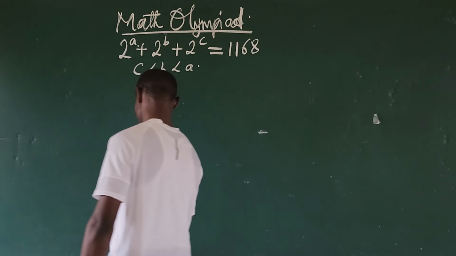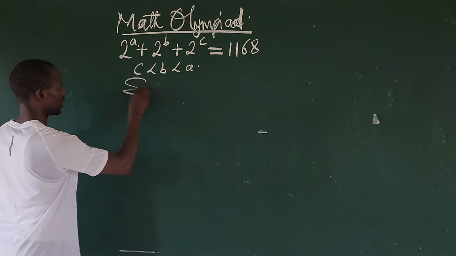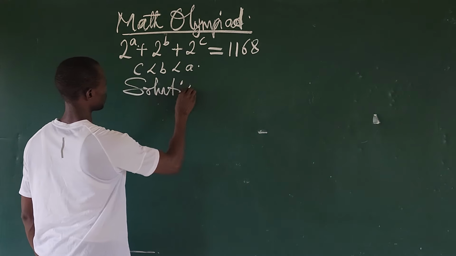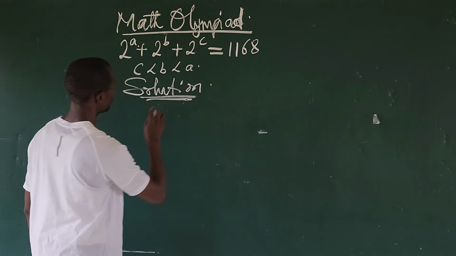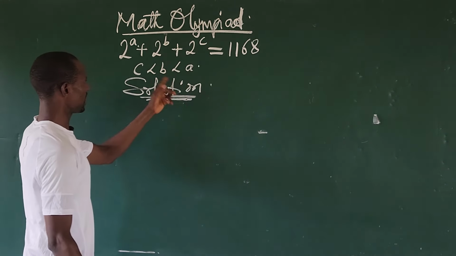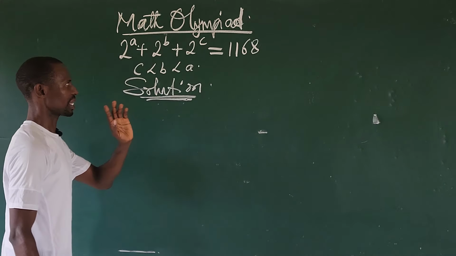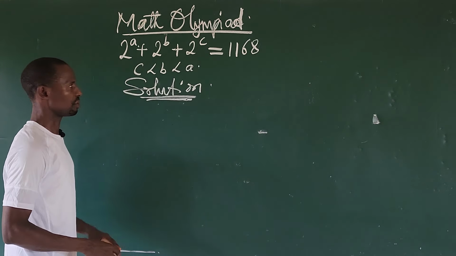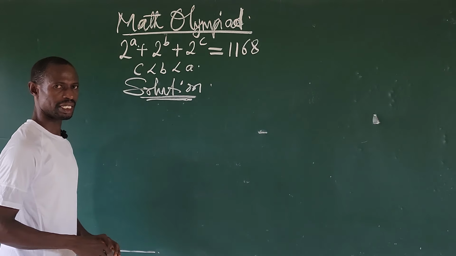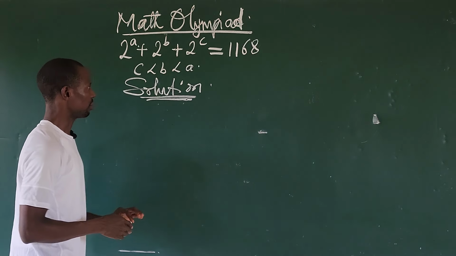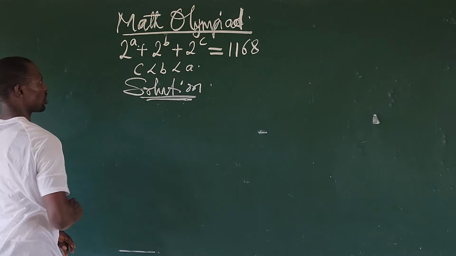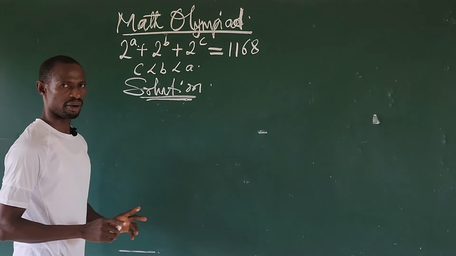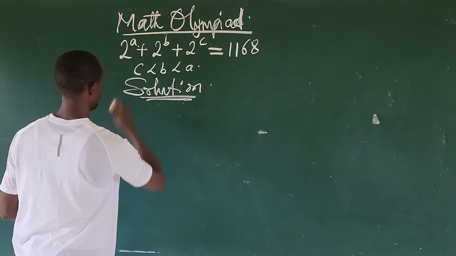Okay, so let's take our solution. With this condition given here, we want to start our factorization from our 2 to the power of C here, because C is the smallest variable here. So we want to factor out 2 to the power of C from this side of the expression.